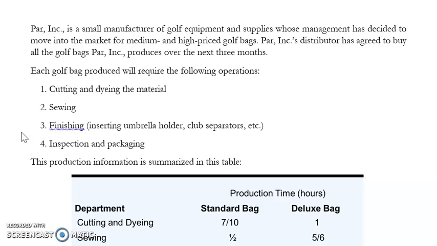Be very patient with yourself to understand the problem fully. For example, now if I ask you about the problem, what would you tell me? Okay, you would say there is a company that wants to produce 2 categories of golf bags, as you can see here, medium and high price golf bags. And to produce these 2 kinds of bags, 4 processes are necessary. That's all the information we have got so far.